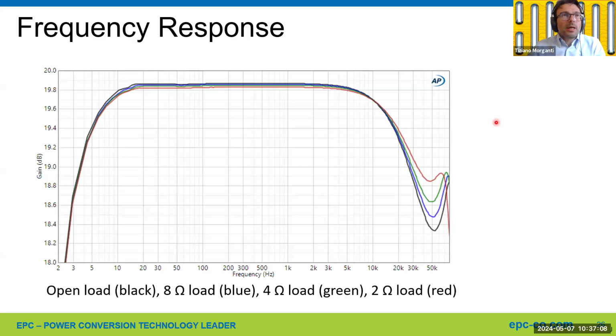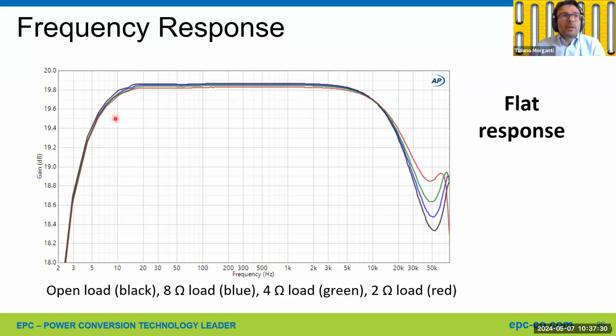So let's talk now about the audio performance. This is the frequency response we measured on various loads: open, 8 ohm load, 4 ohm, and 2 ohm. You can see the frequency response is pretty much independent from the load.